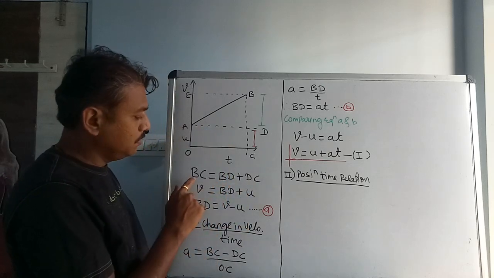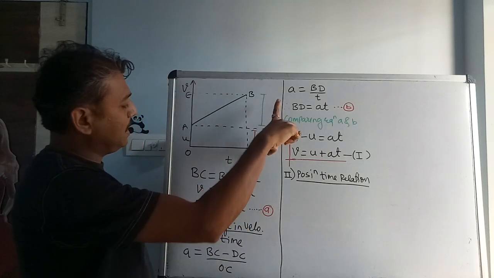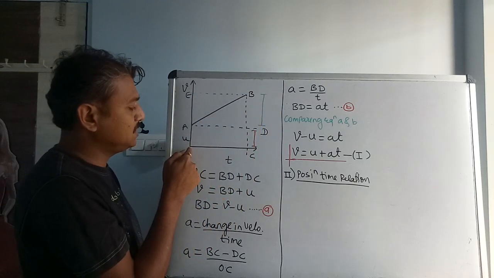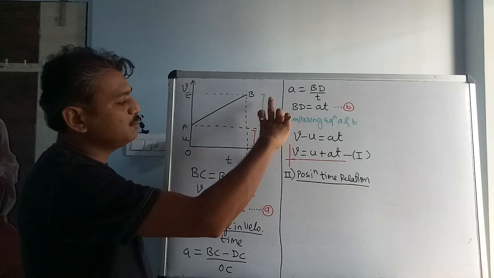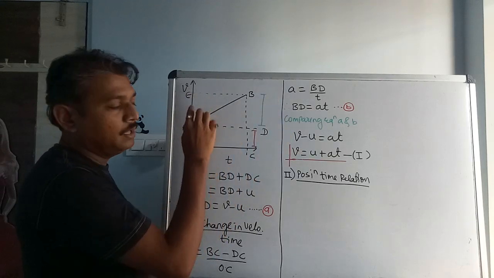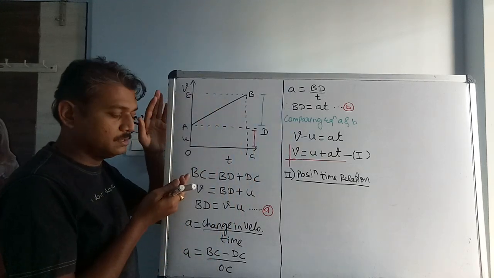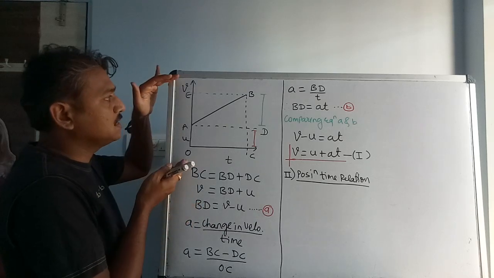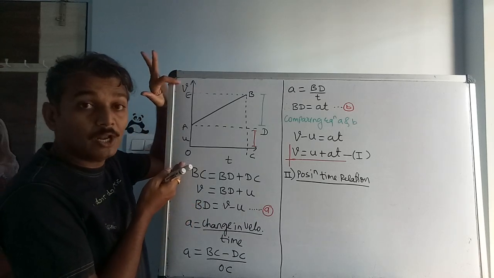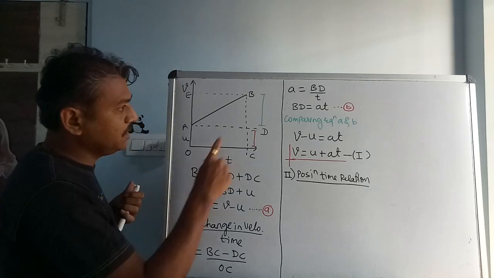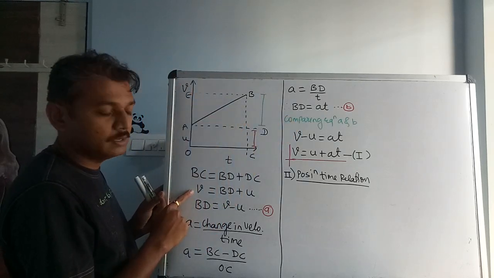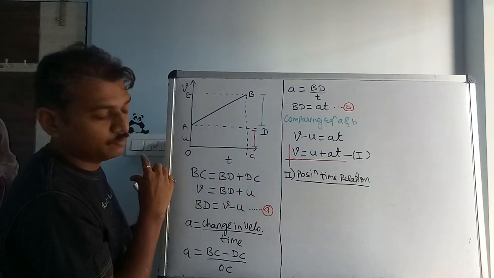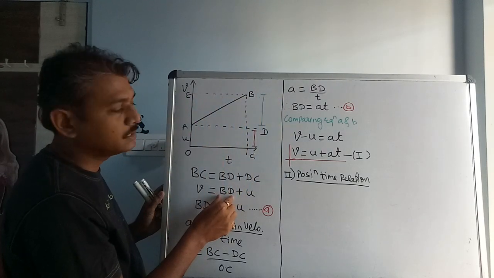Coming down, now BC is parallel to OE because this is a construction, this is the original one. This BC is parallel to OE and this OE is y-axis, and in the starting itself I told you y-axis means the final velocity. So I am putting the value of BC as V, equal to the value of BD, we don't know, so I have written BD as it is.